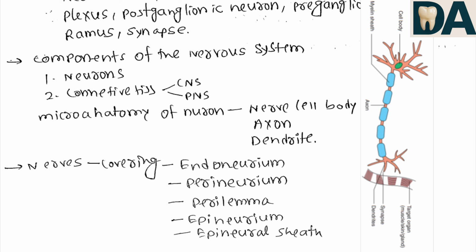Bundles of axons form the white matter tracts in the central nervous system and the nerves in the peripheral nervous system. Dendrite. It is a protoplasmic extension, usually multiple in number, which conducts impulses towards the nerve cell body.